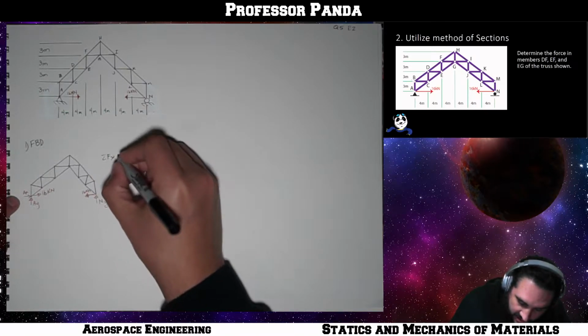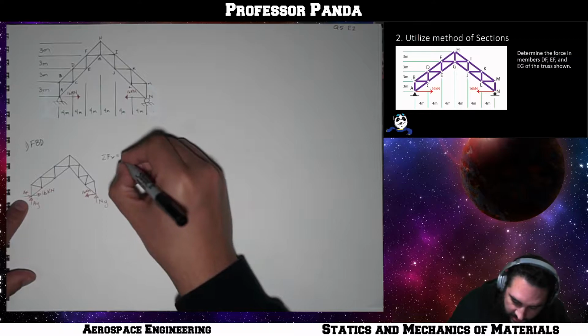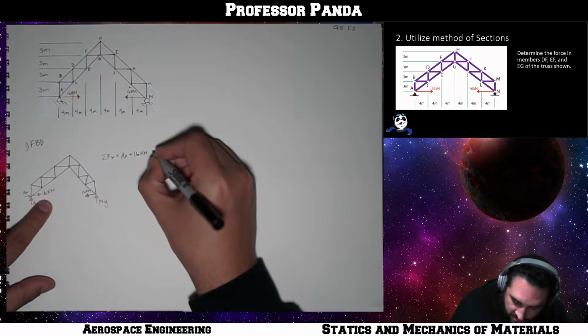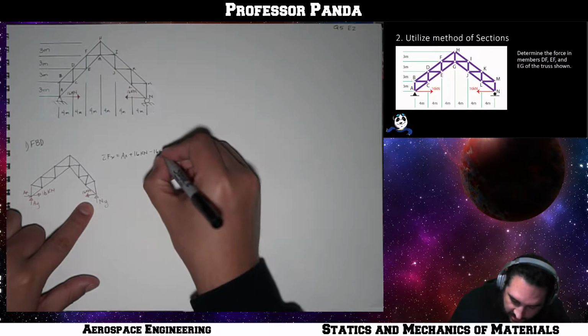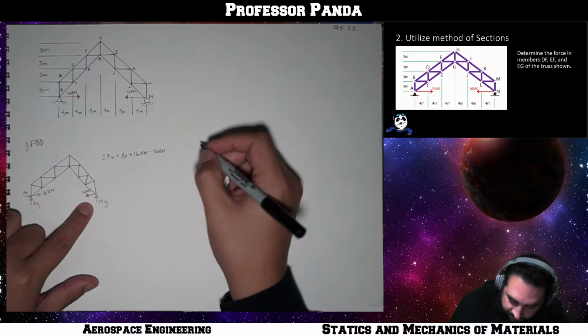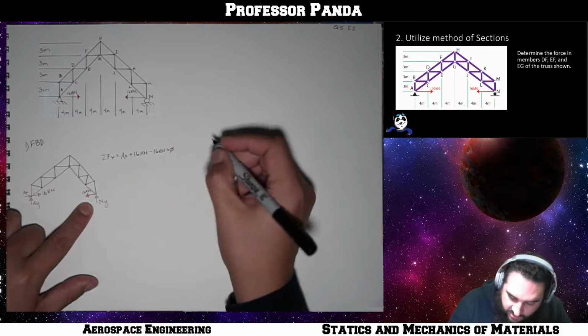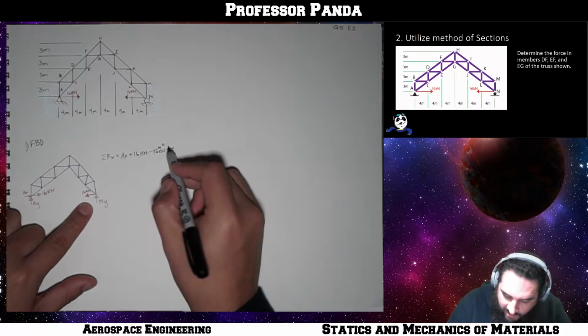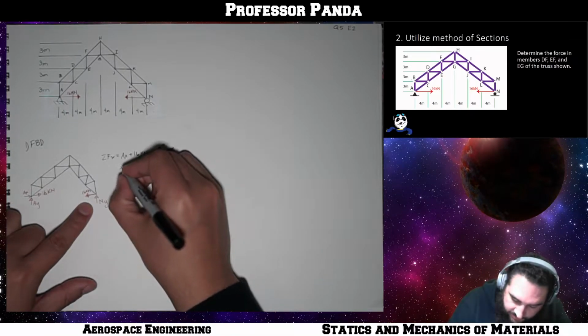The sum of the forces in X is AX plus 16 kilonewtons minus 16 kilonewtons, set equal to 0. 16 and 16 go to 0. So AX equals 0. What a surprise.